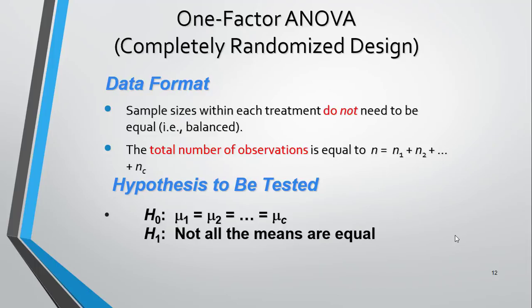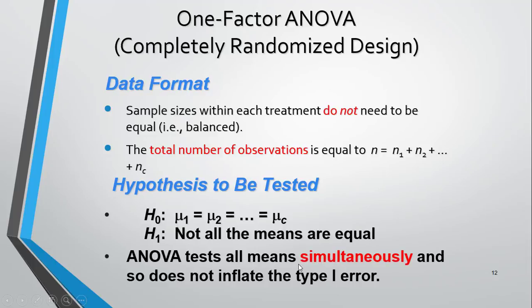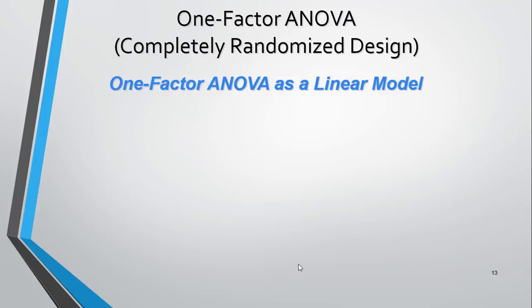Different types of fractures. You want to see if the mean is the same, right? If they all stay in the hospital for the same number of days or weeks, and that's what we are trying to test to find out. And H1 is not all means are equal. ANOVA tests all means simultaneously and does not inflate the type 1 error.